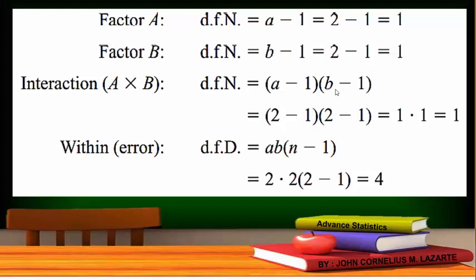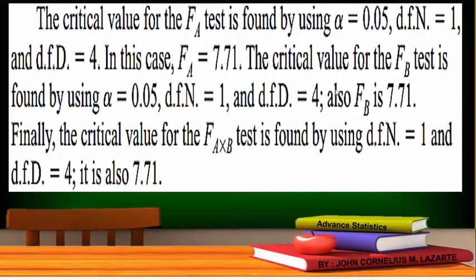For the within error, the degrees of freedom denominator is obtained using AB times quantity n minus 1. So A is equal to 2 times B, which is 2, times quantity 2 minus 1. 2 times 2 is 4, times 1 is equal to 4. That is the degrees of freedom denominator.